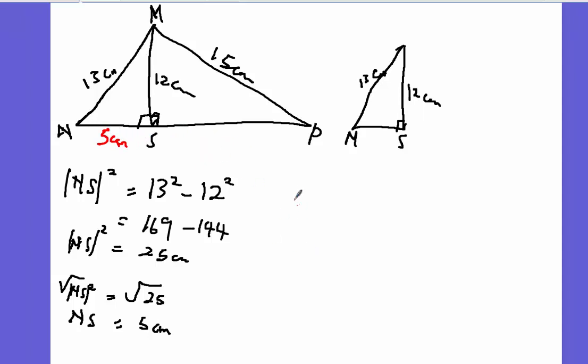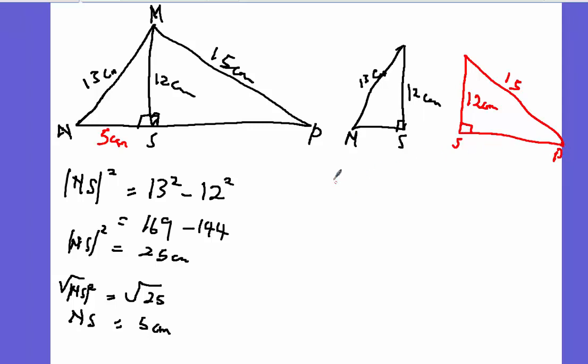Then right now we are looking at the other diagram, which is this diagram. This is the second one. Here is 15. Then here maintain as 12. Therefore, we are looking for SP.